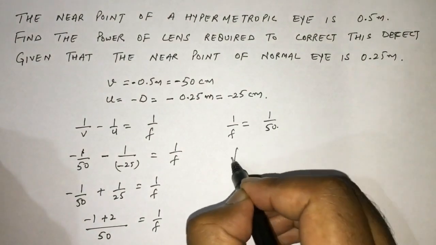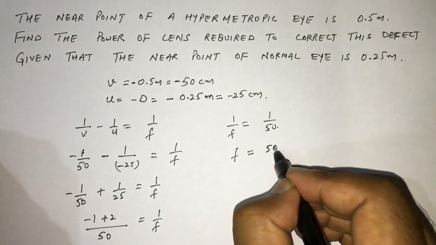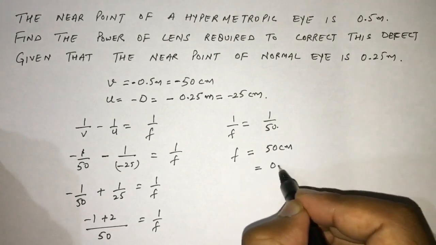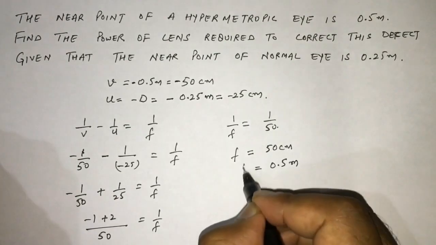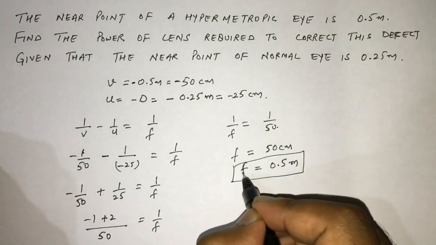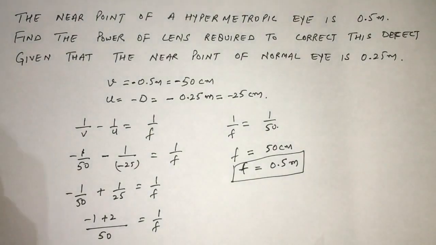Clear? So the value of F becomes 50 centimeters, which is equal to 0.5 meter.